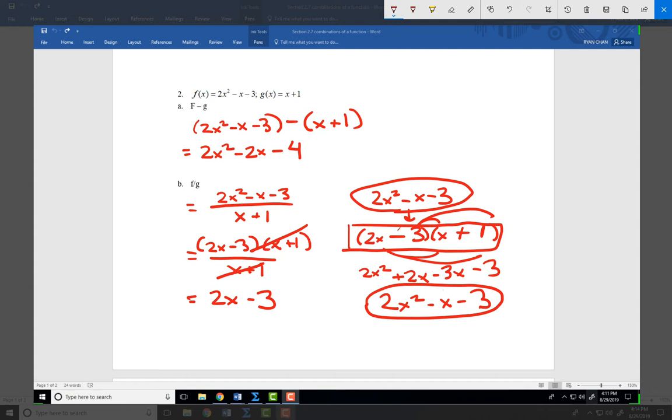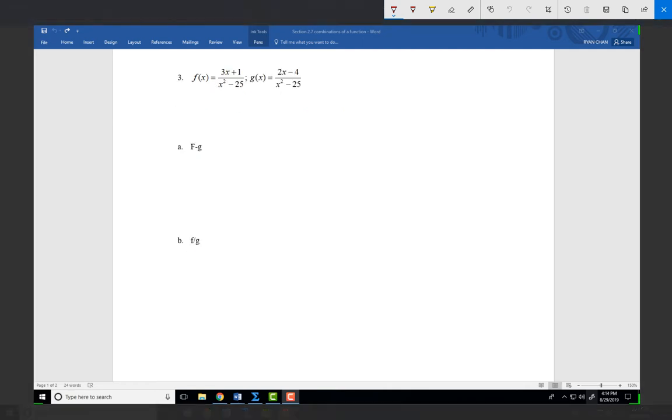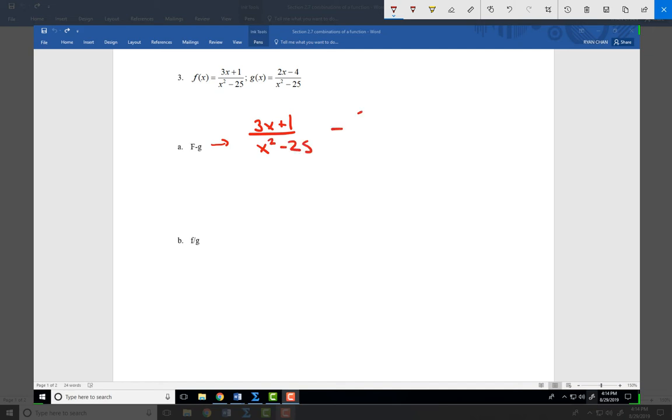Okay. So let's do one more example. Let's take a look at this one. Notice I have two rational functions. I have f minus g. So just remember some basics. When I am subtracting fractions, you need to make sure they have the same denominator.